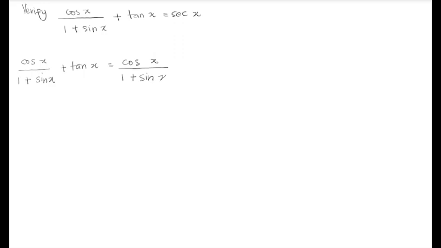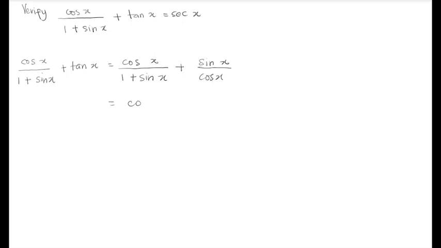So the identity of tangent x is equal to sin x over cos x. So I want to make sure these are the same.